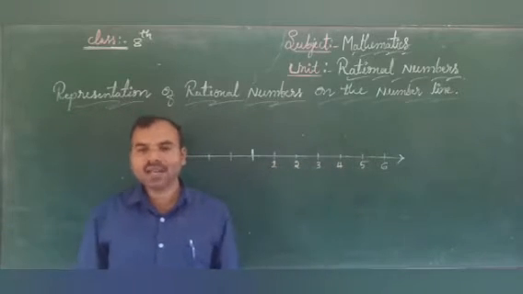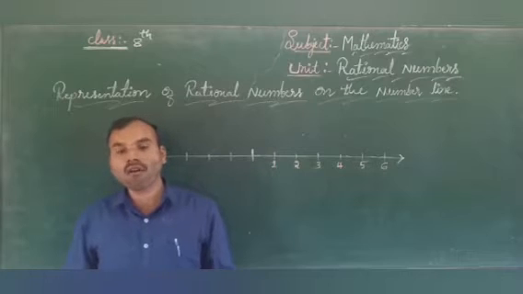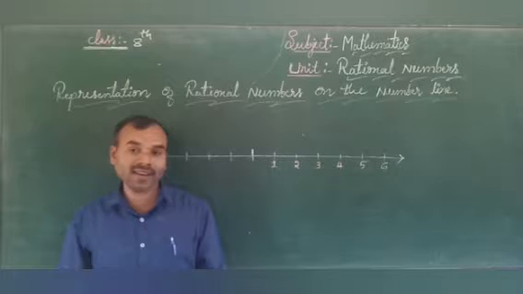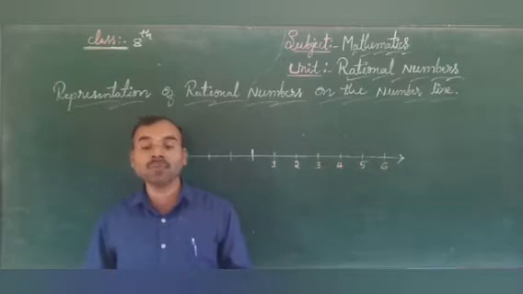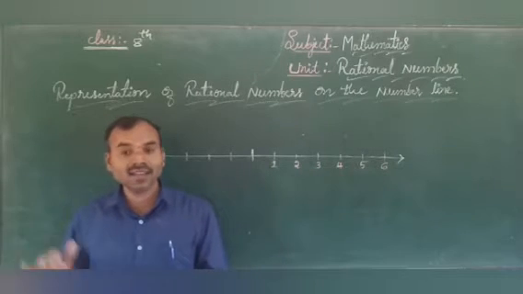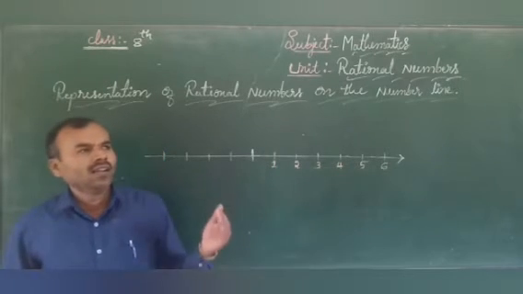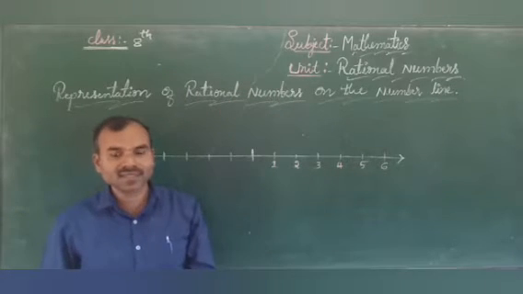Okay, dear students, now let us take the heading representation of rational numbers on number line. We already learned how to represent numbers on number line in the last classes, in the 7th standard, the 6th standard, etc. Now we represent rational numbers.